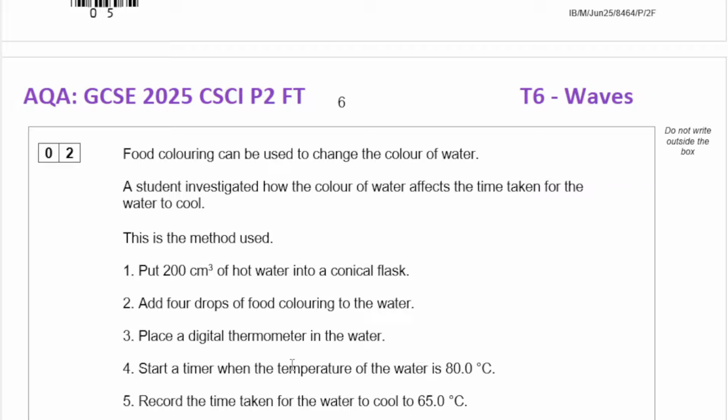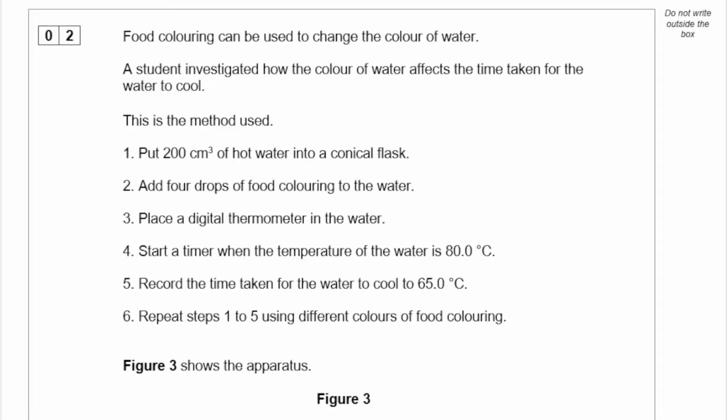Now, question number 2 is on the topic of waves. Food coloring can be used to change the color of water. A student investigated how the color of water affects the time taken for the water to cool. This is the method used. Pour 200 centimeter cube of hot water into a conical flask.